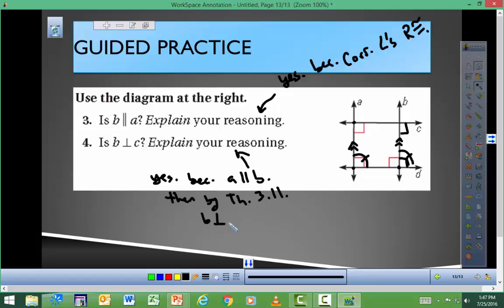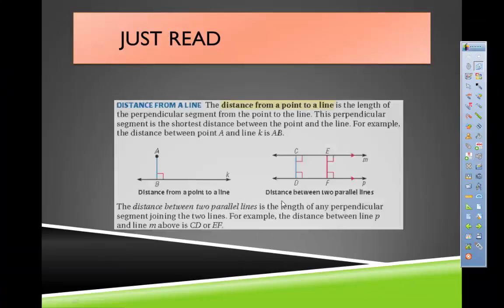So by theorem 3-11, B is perpendicular to C. Oh my, this is tough stuff.